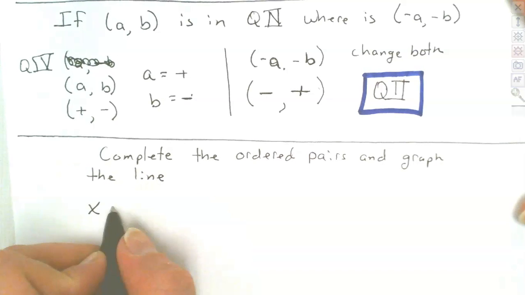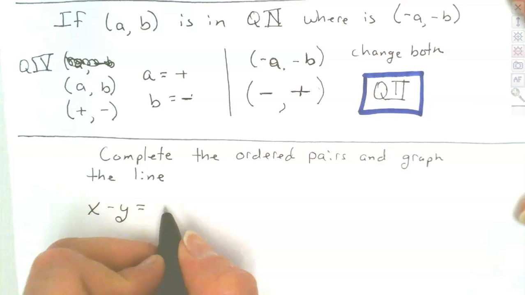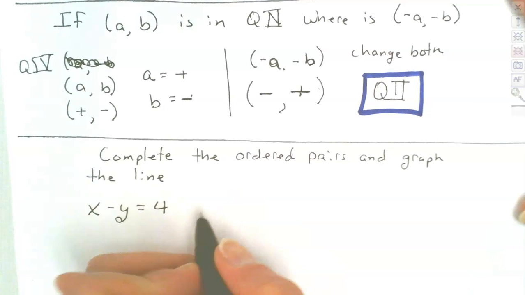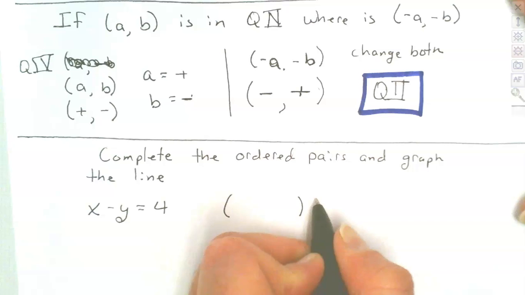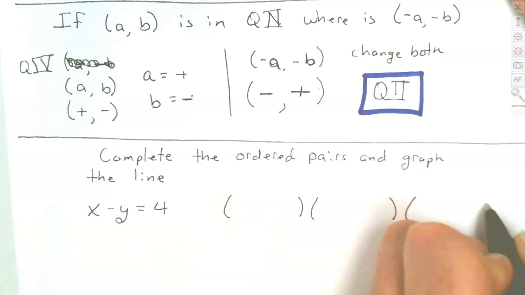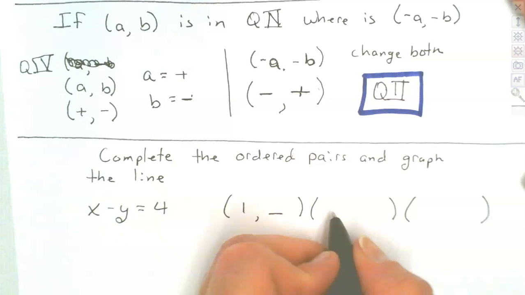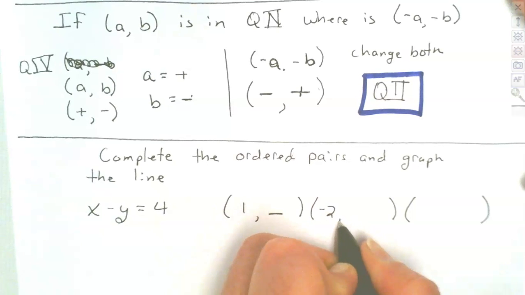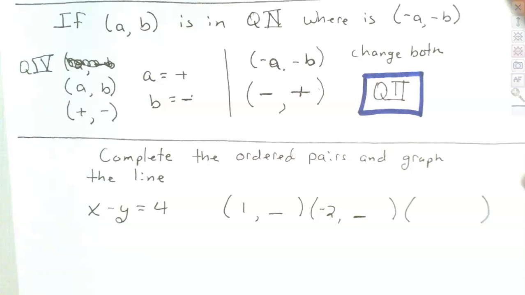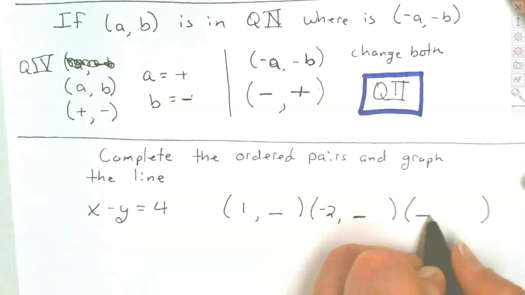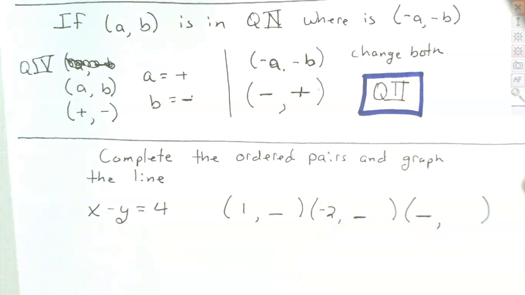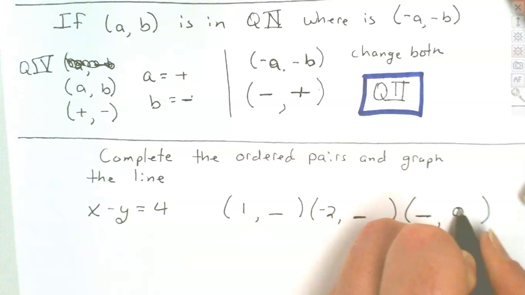So how about x minus y equals 4? And I want you to complete these 3 ordered pairs. So how about 1 comma blank, negative 2 comma blank, and blank comma 0.